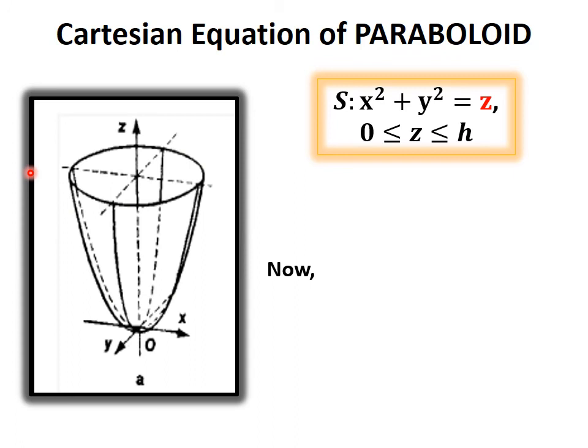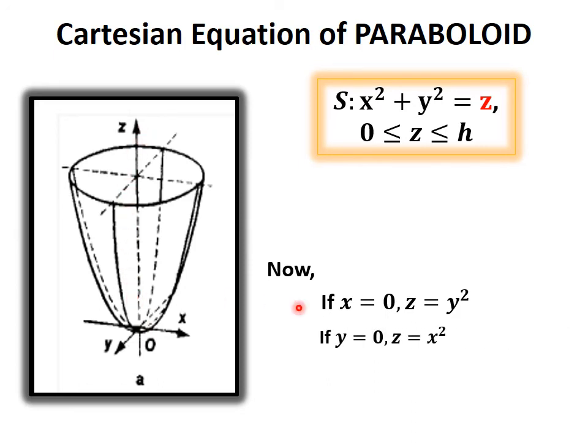Now take x equal to 0, that is, you are in the zy plane. What is the curve we are getting? z equal to y square. z equal to y square is a parabola whose vertex is at the origin, opening towards the positive z axis.